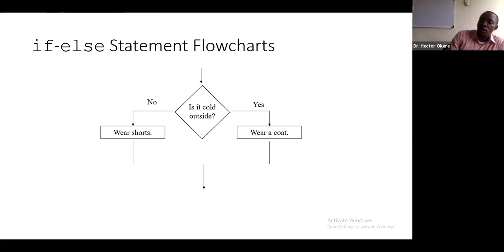See, is it cold outside? Yes. Wear a coat. No, wear shorts. See, there are two jobs to do. So you do one if it is yes, and you do the other one if it is no. Okay, so that is how the if else statement works.